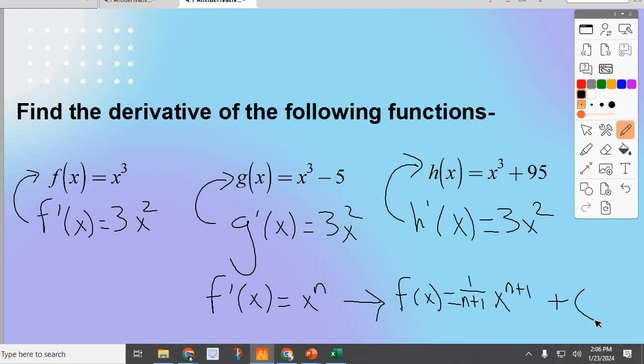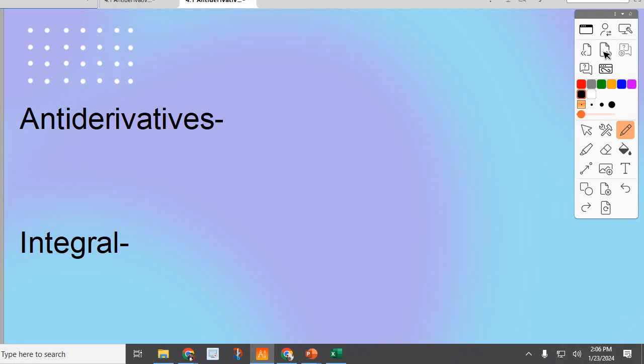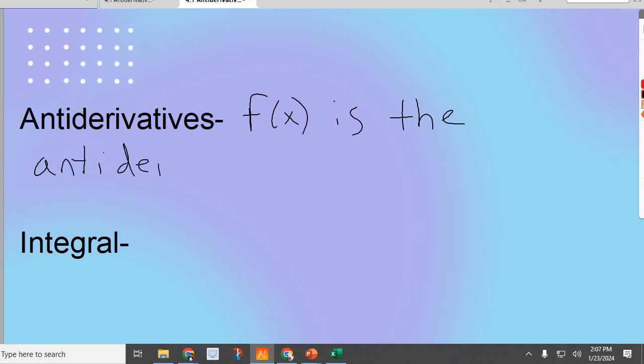Alright, so let us look at an antiderivative. In other words, f of x is the antiderivative of f prime of x, okay?